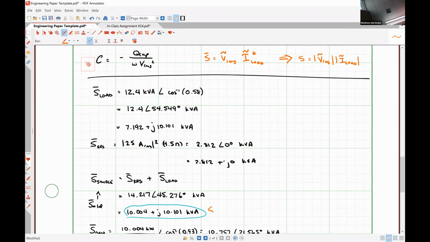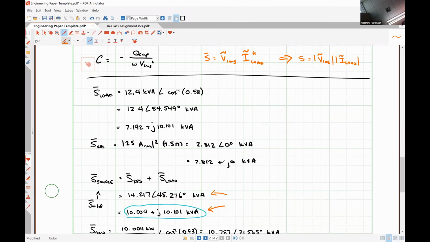What I just talked about was this value, which is identical to this value right here. What I'm asking you is, do we know the apparent power absorbed by that resistor and the load together? Yes. Right. Why? Because there's an imaginary number, right?